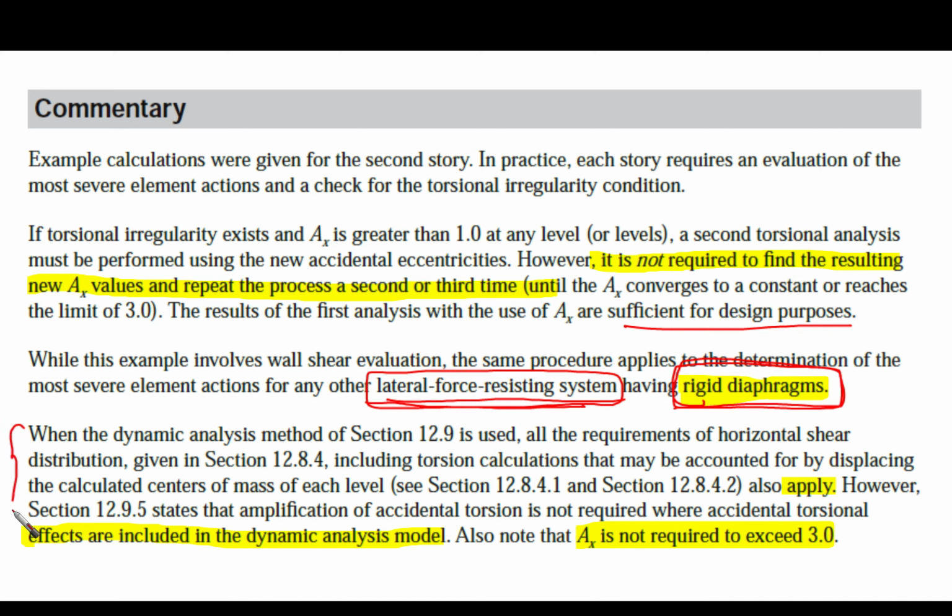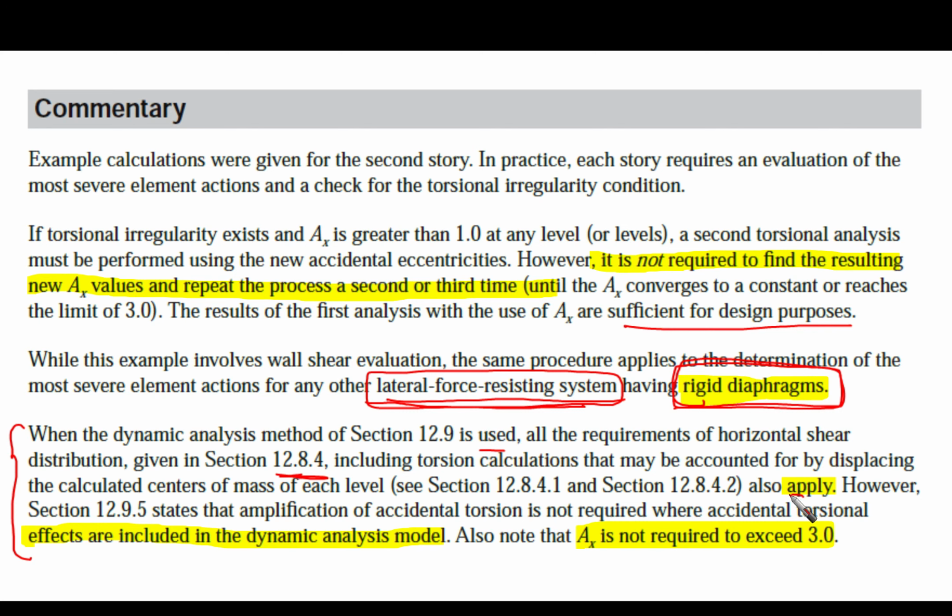The last one is for dynamic analysis. When the dynamic analysis method in section 12.9 is used, all the requirements of horizontal shear distribution given in section 12.8.4, including torsional calculations that may be accounted for by displacing the calculated center of mass of each level, also apply.